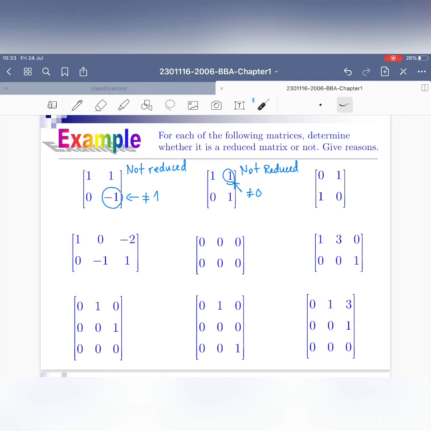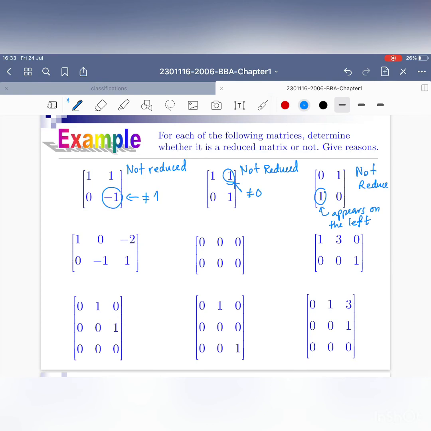However, the 1 that appears on the first row appears to the right of this one on your second row. This is not the case of your reduced matrix. So this one again is not reduced because this one appears on the left of your first row.